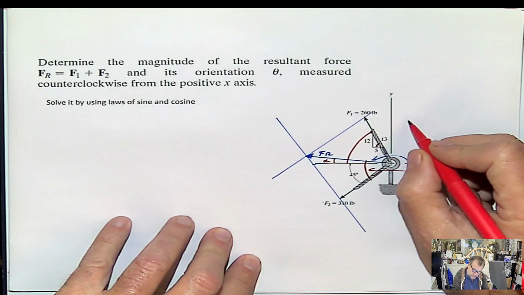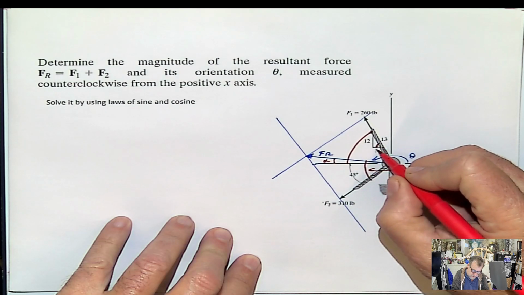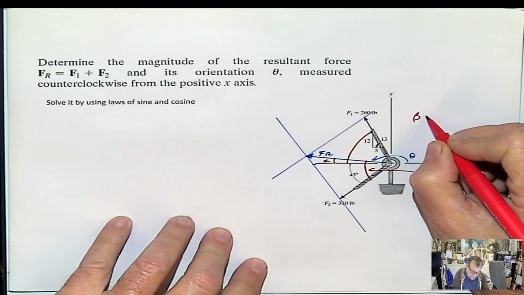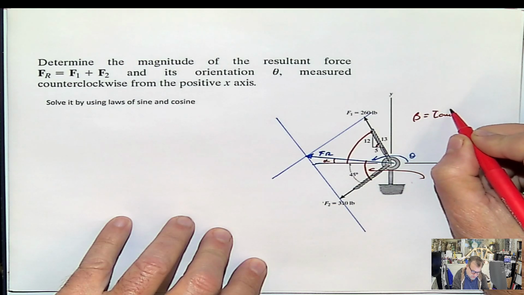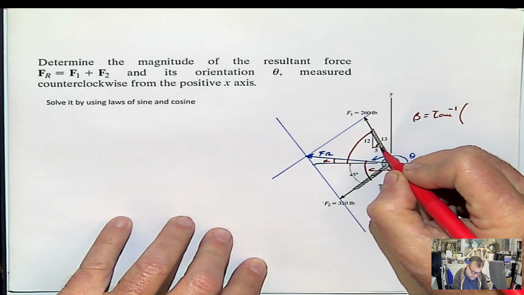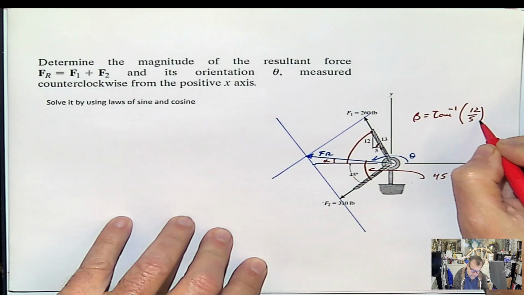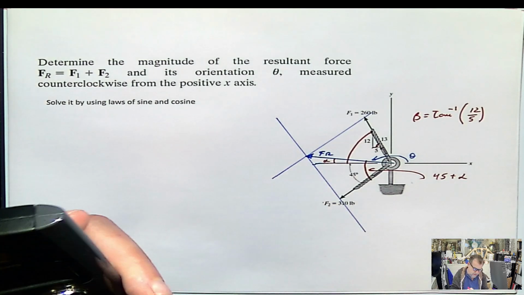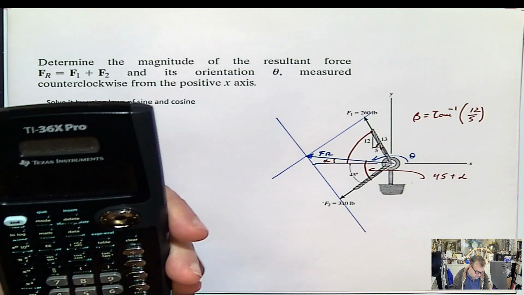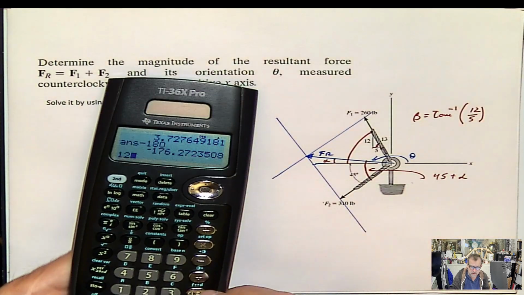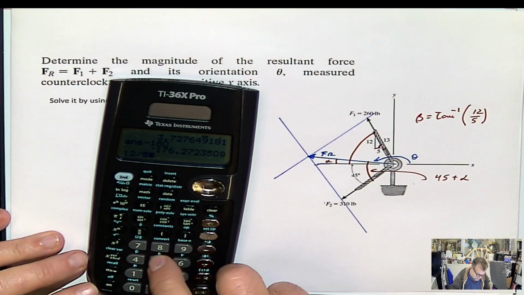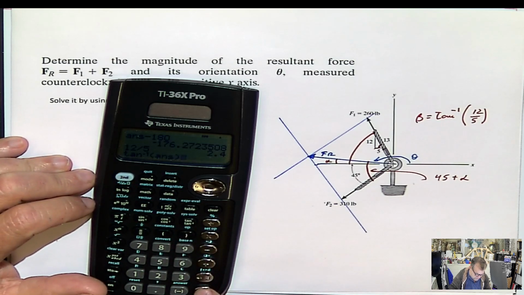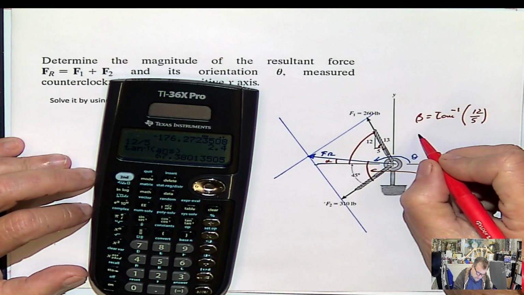I can say that the tangent of the angle will be 12 divided by 5, or that angle, let's call it beta, is inverse tangent of 12 divided by 5. That angle is 67.38 degrees.